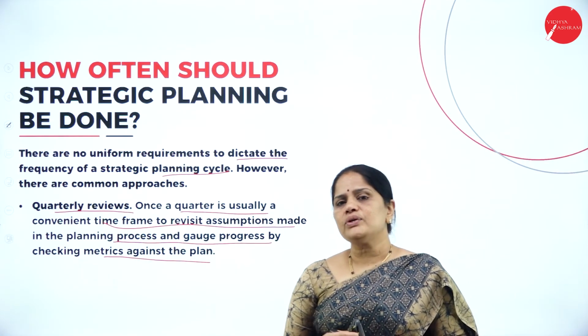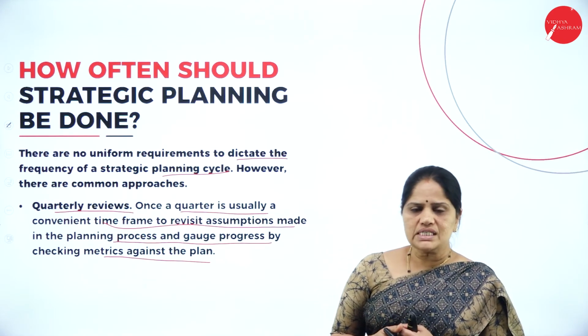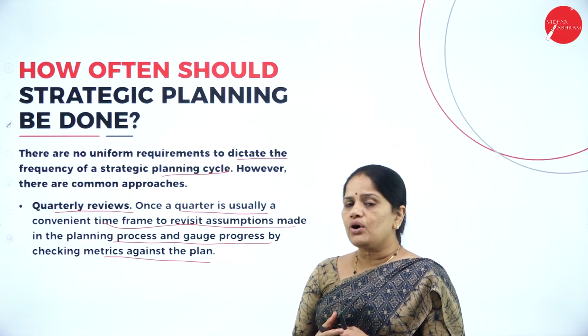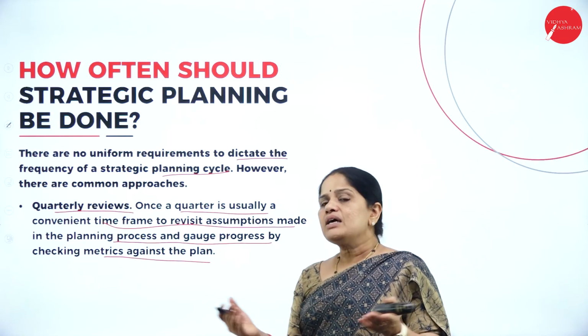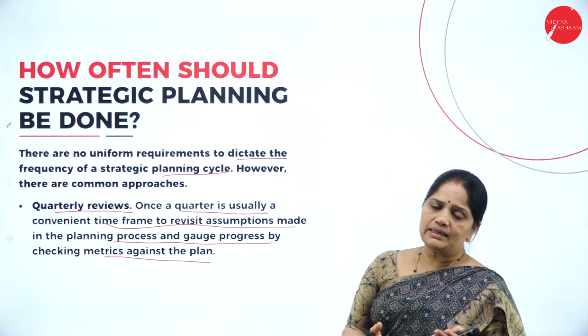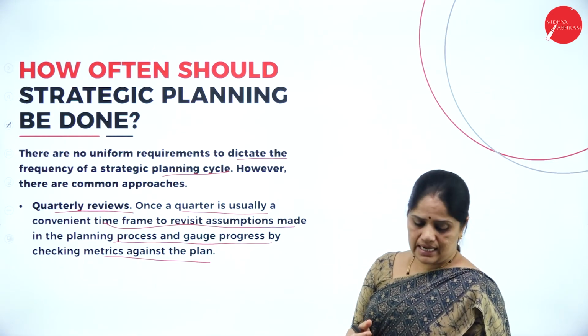Quarterly review is one of the most common ways of reviewing the strategic plan. So, once in 3 months, you review the work actually done against the strategic plan. Once you compare both, you will know whether the organization is heading in the right direction.